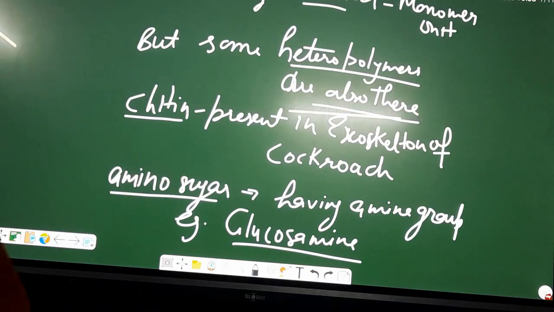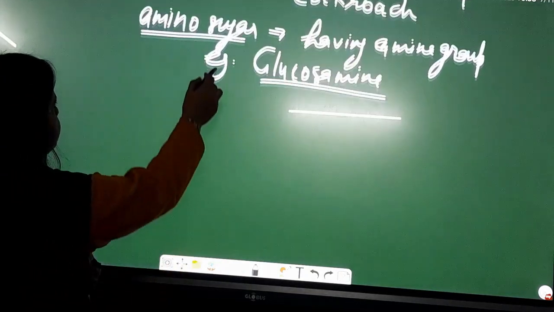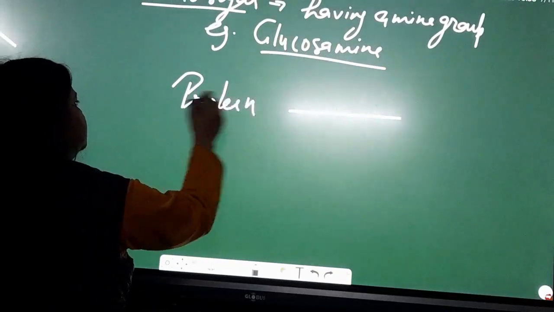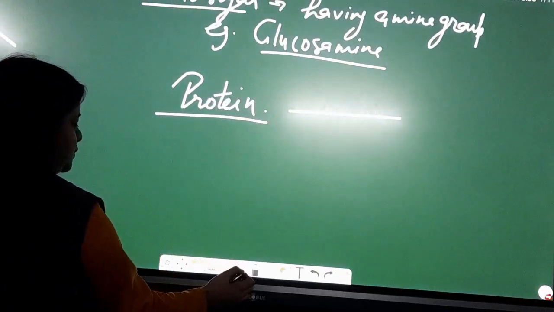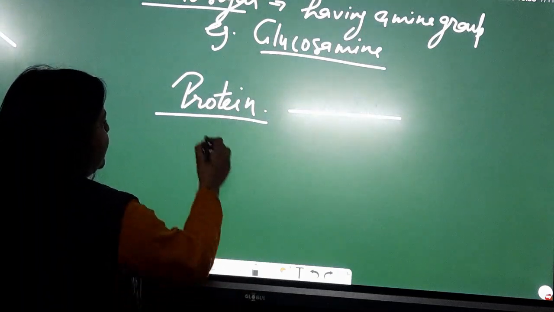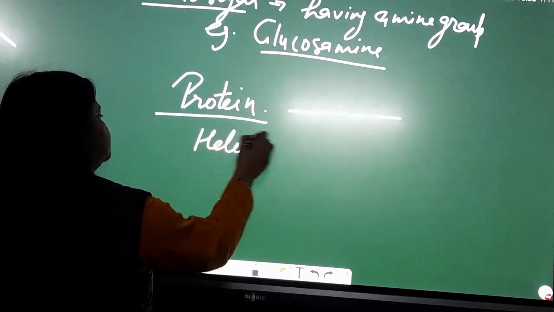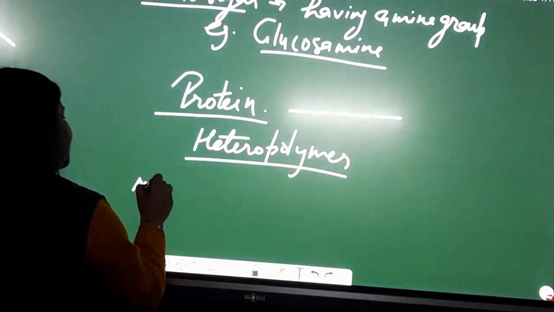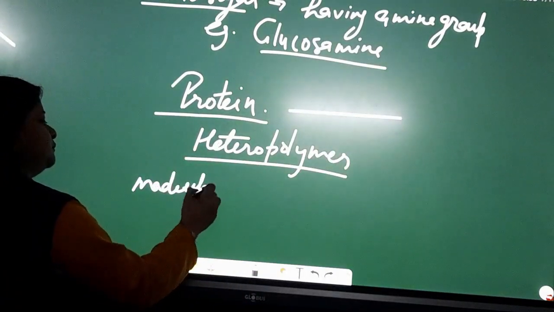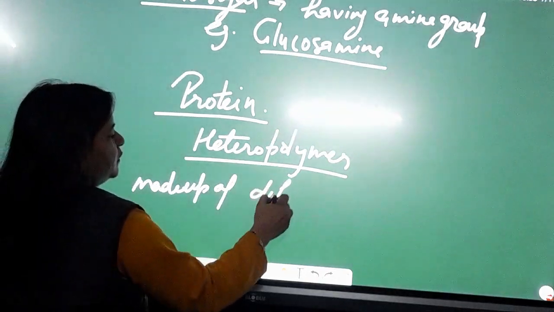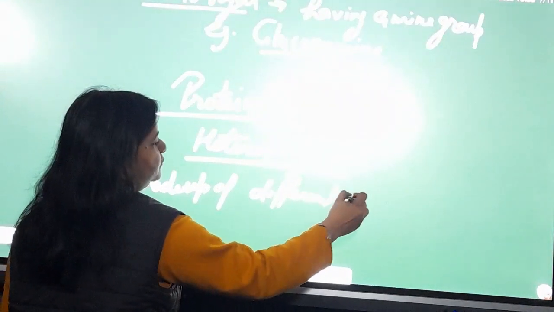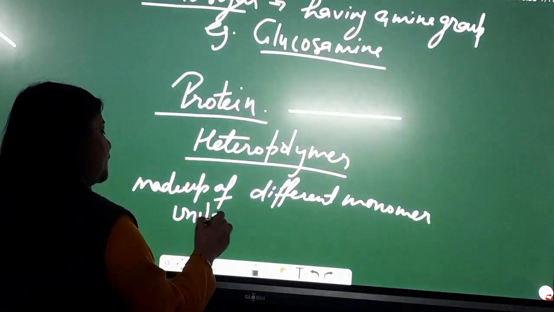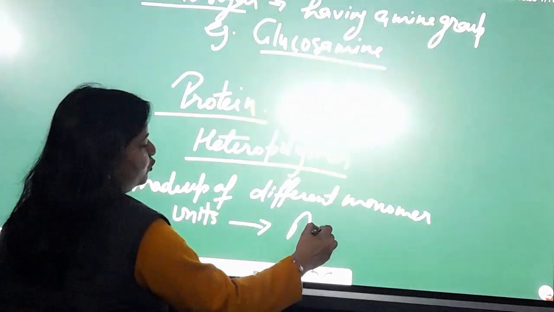Now we will do the next polymer, that is protein. Protein is a heteropolymer, made up of different monomer units, and that monomer unit is called amino acid.